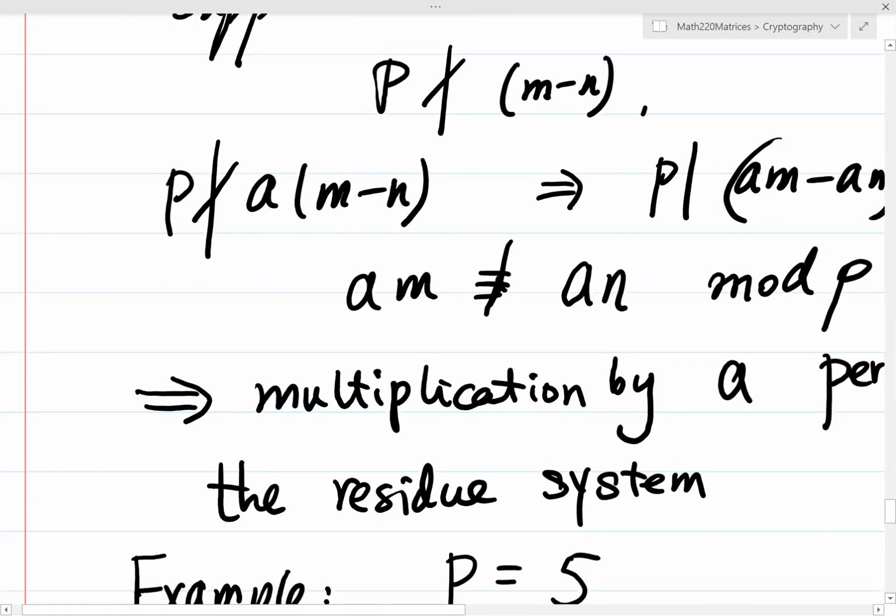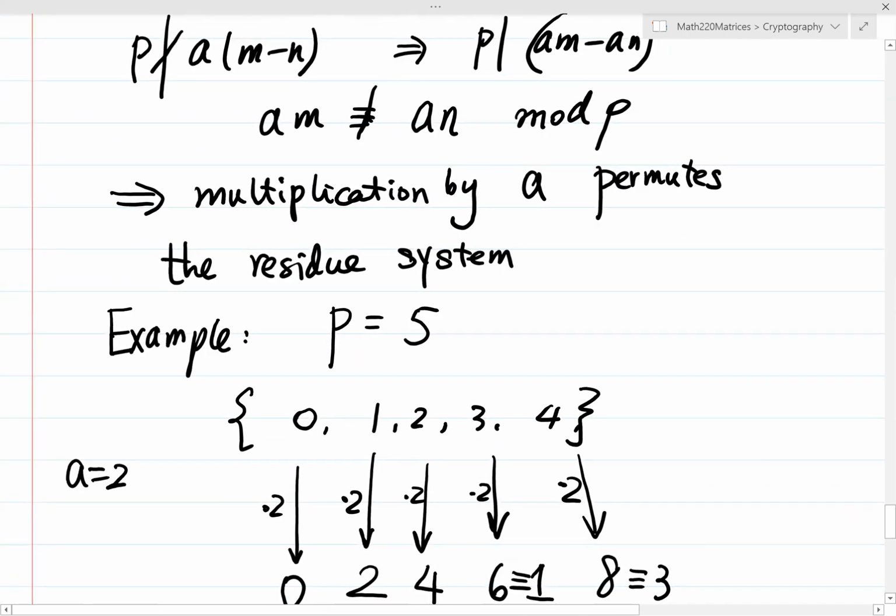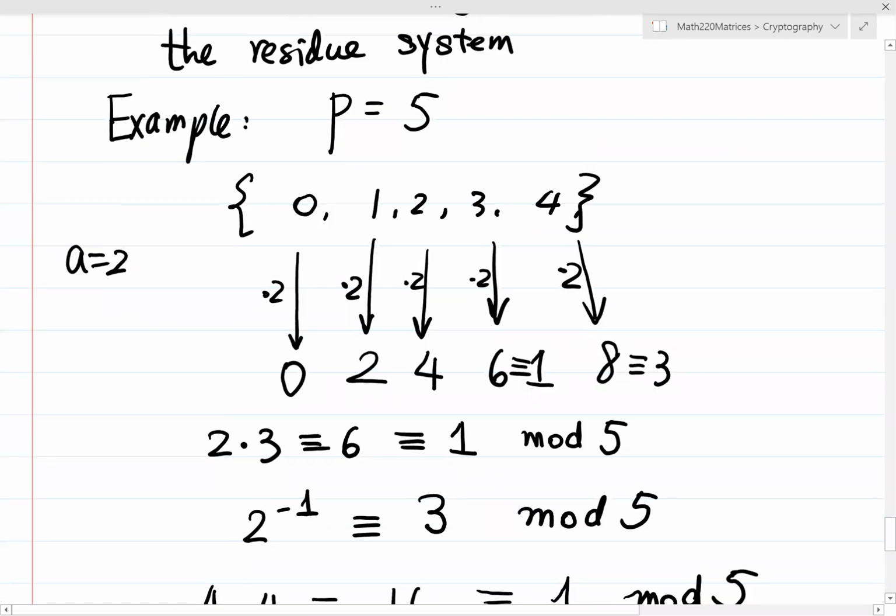So this tells us that multiplication by a non-zero residue a permutes the residue system. For instance, when P is 5 and we multiply by 2, 0 always goes to 0, because a multiple of 5 multiplied by another number is still a multiple of 5.